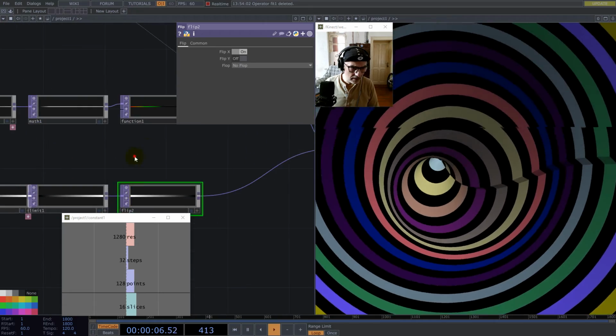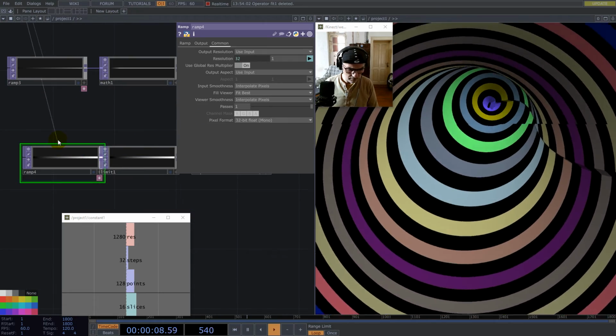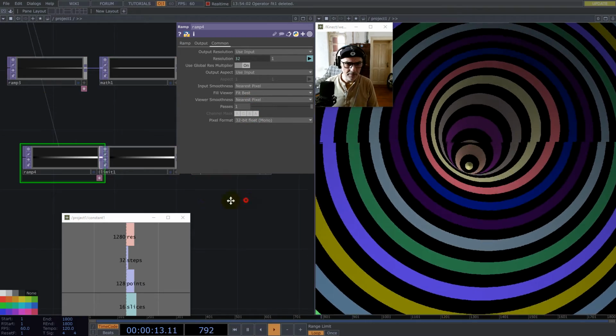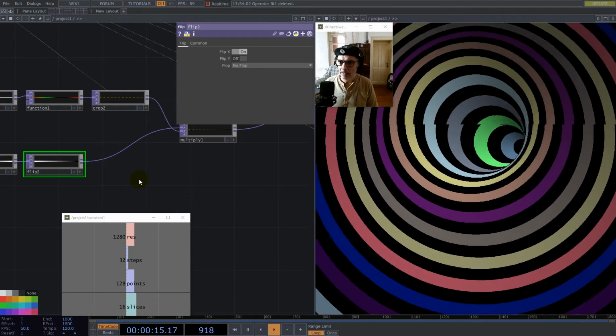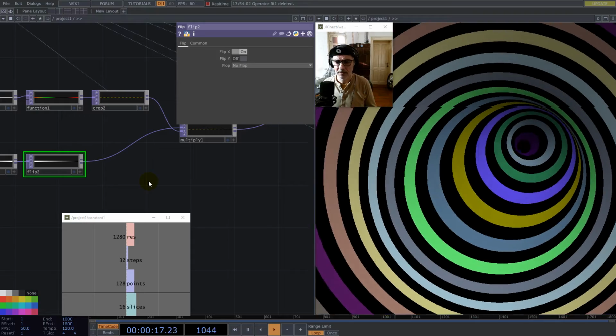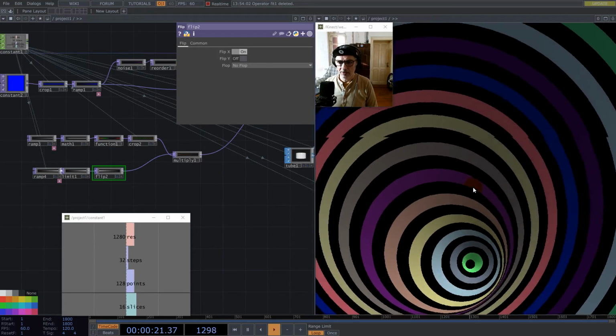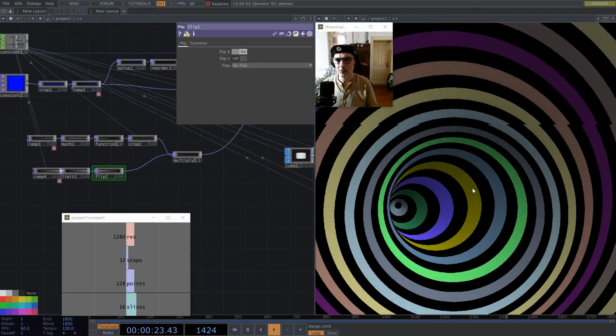So yeah, the moment I set everything to nearest pixel, everything is good now. So yeah, the tunnel looks smoother now.